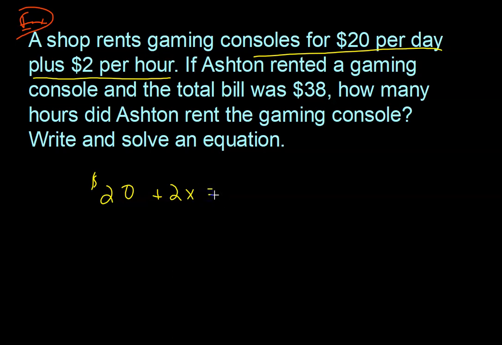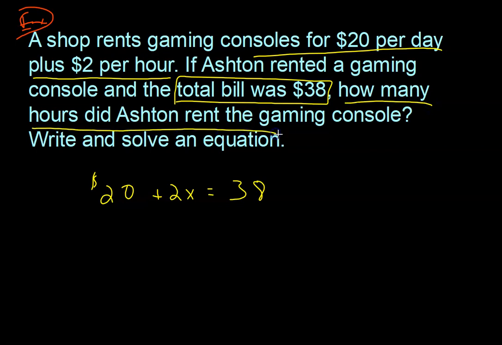When he gets finished, his total bill is $38. So I know all of that together is his total cost, and that's $38. We want to know how many hours he rented it. So that's my equation. So again, solving that, I'll subtract 20 from both sides, and 2x will equal 18.